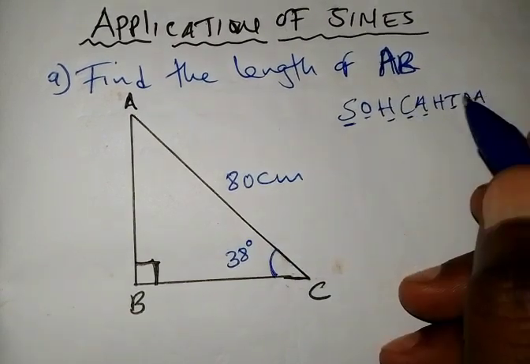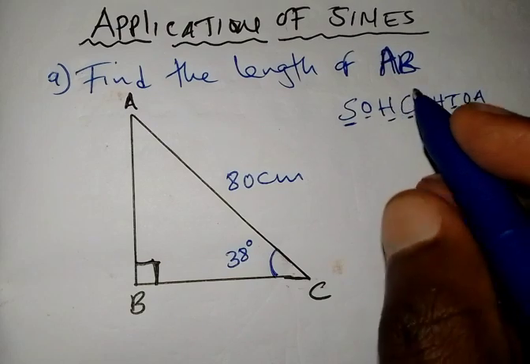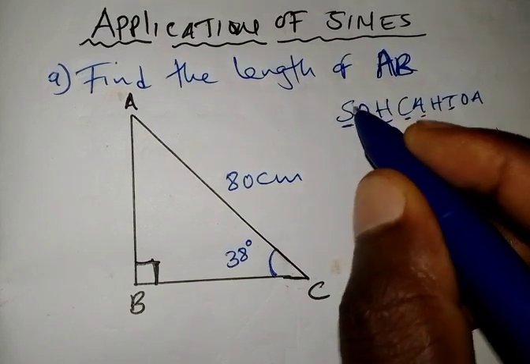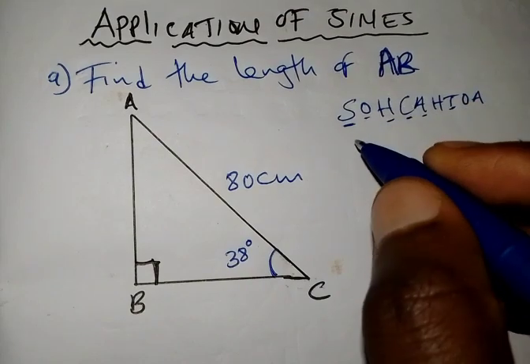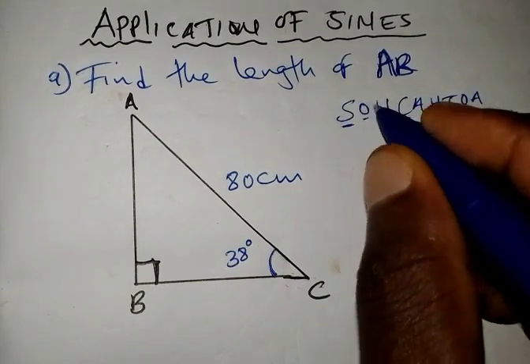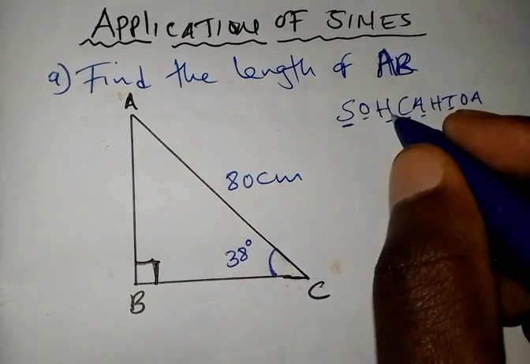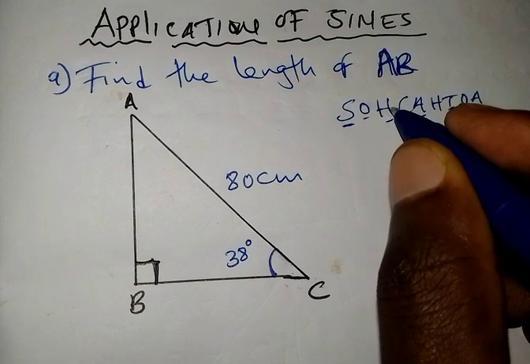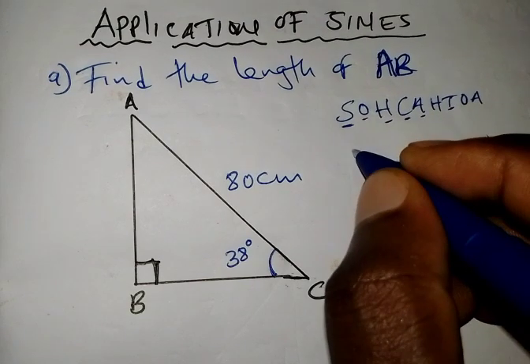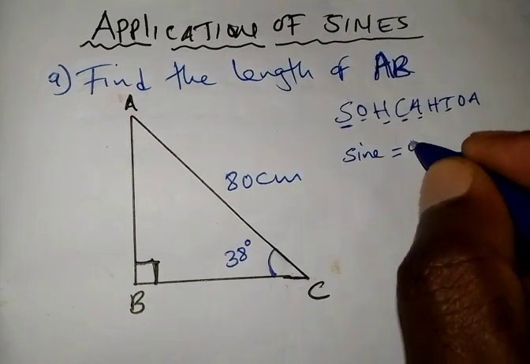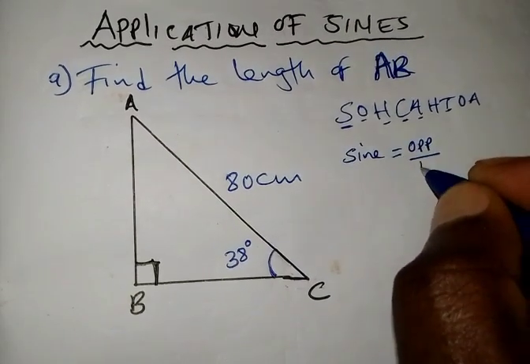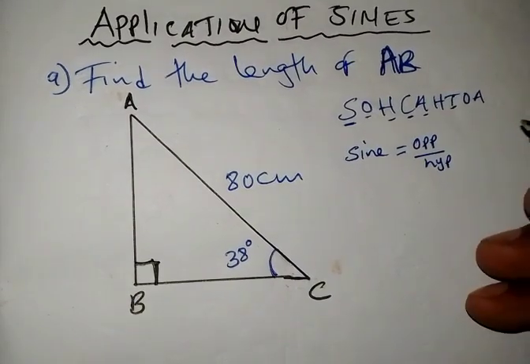So how can you apply the formula? For you to be able to get the sine of any angle, you are supposed to get the opposite divided by the hypotenuse. So the sine is given by opposite divided by the hypotenuse.